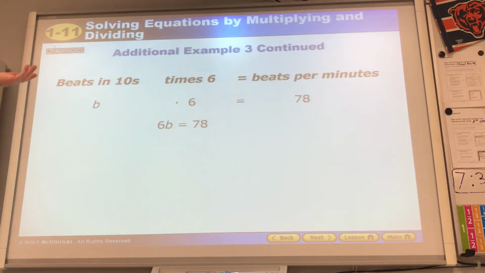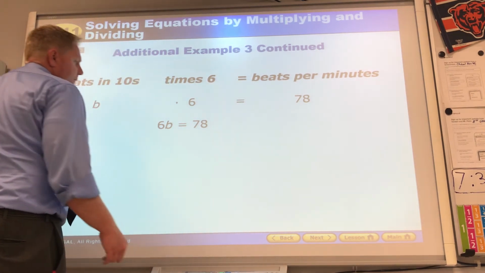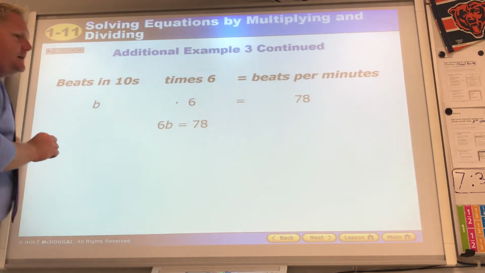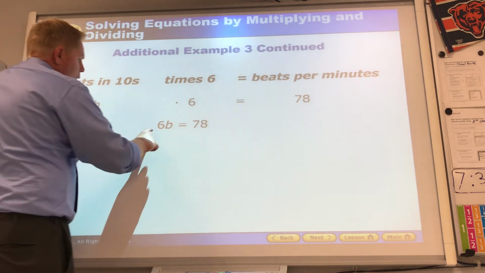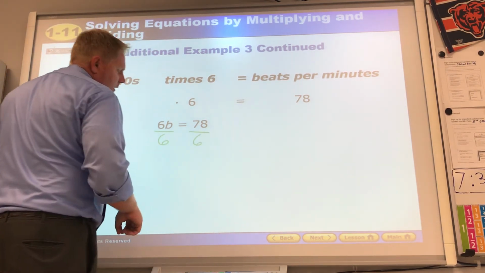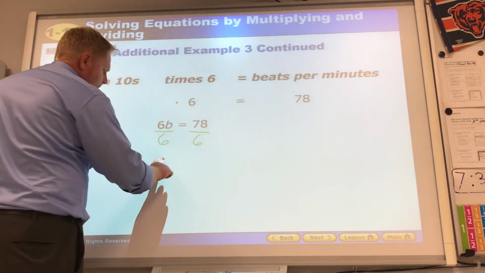So, what do we have to do to undo this? All right, Ava, you're up. 6 times B equals 78. What do I do to get that B by itself? All right. We divide by 6. All right, Emma, can you help us out? What is 78 divided by 6?